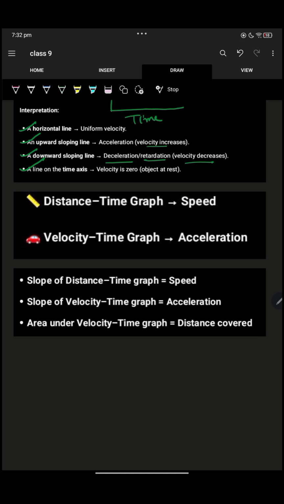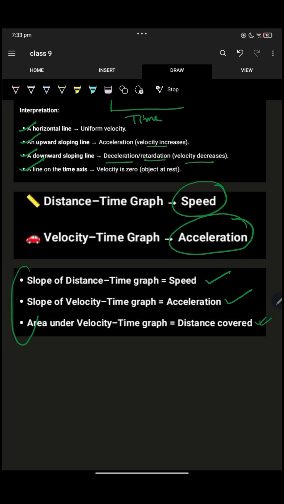Now, in a distance time graph, we can find the speed, and from the velocity time graph, we can get the acceleration. So, slope of the distance time graph shows speed. Slope of velocity time graph shows acceleration. Area under the velocity time graph shows the distance covered.